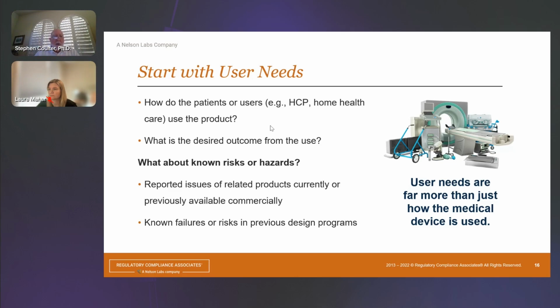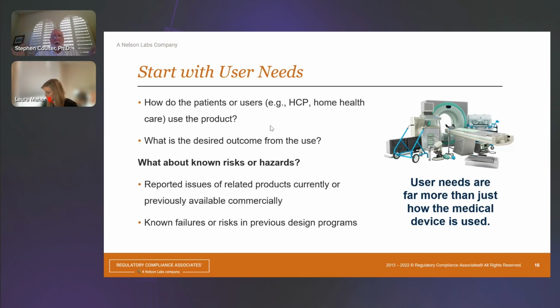But there are many other areas impacting user needs. Manufacturing is a user because they have to be able to make this. Regulatory affairs and quality assurance, quality control are users because they have requirements that speak to regulatory needs and to consistency needs for quality.